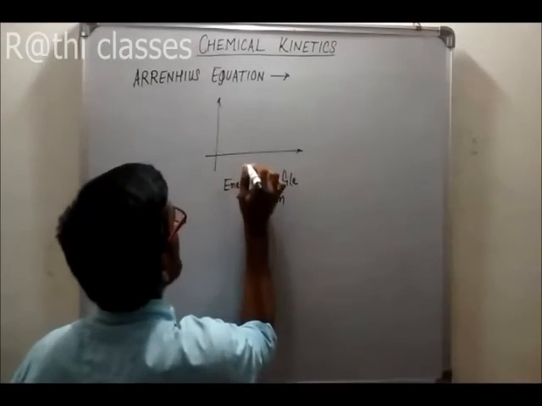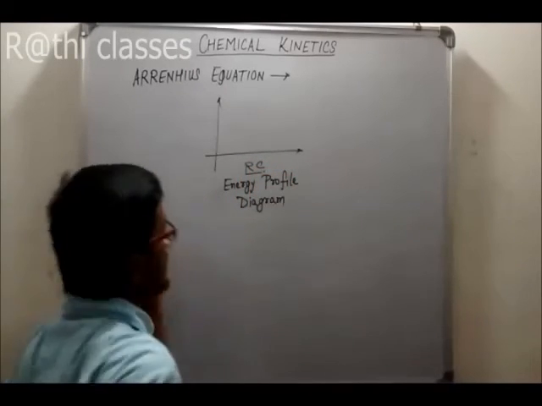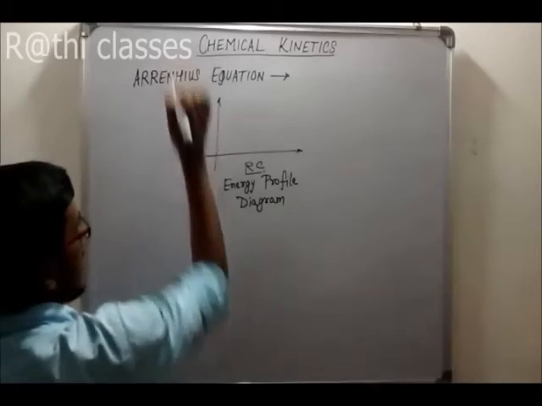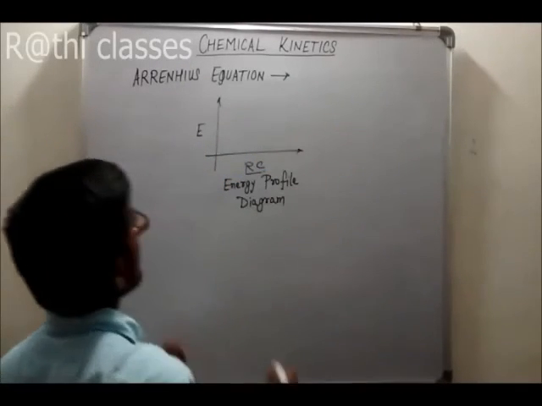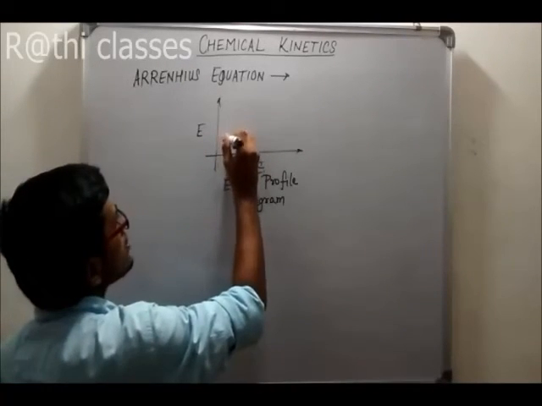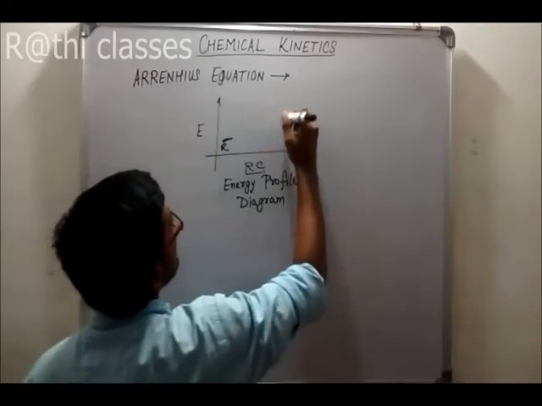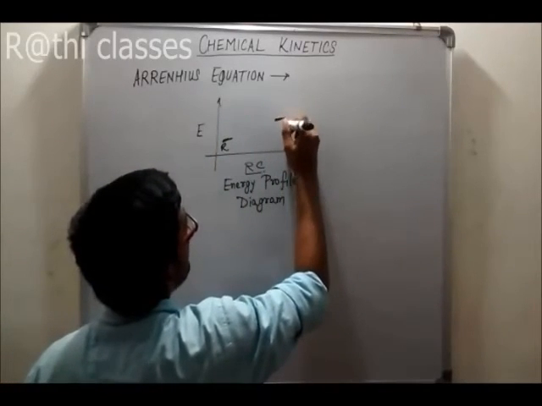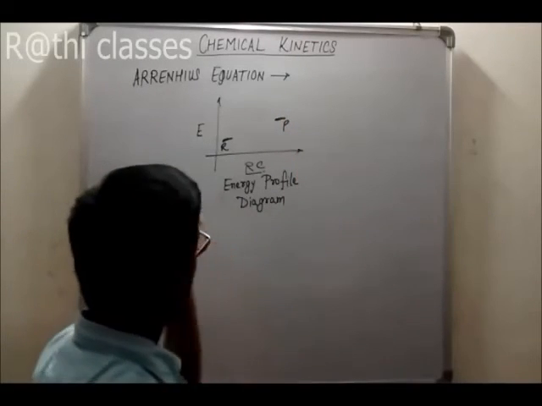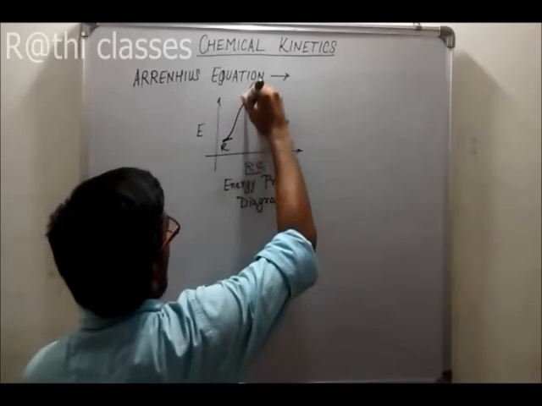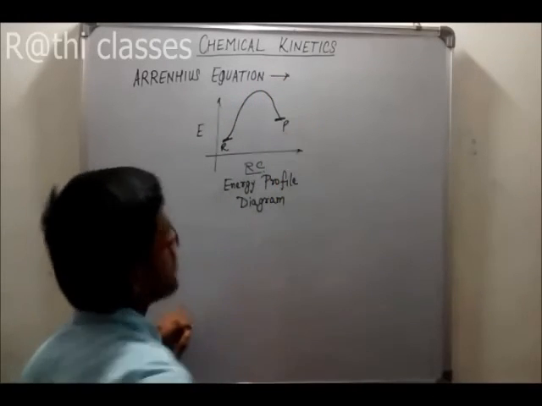This is the energy axis, and this is the reaction coordinate. Let's say this is the energy of the reactants initially, and this is the energy of the products. The reaction follows a path like this.